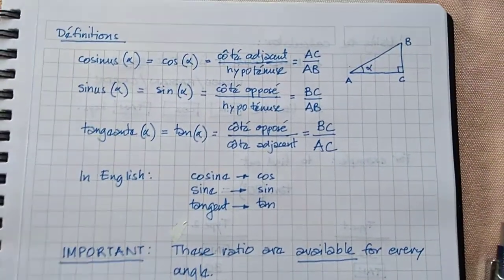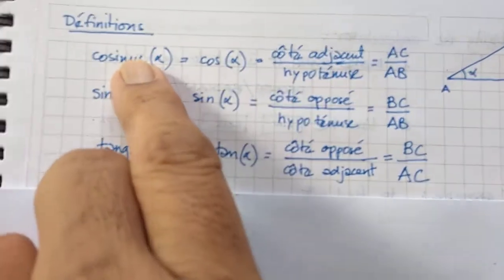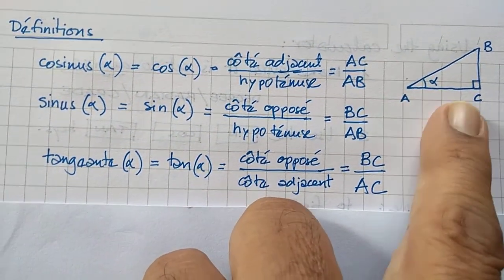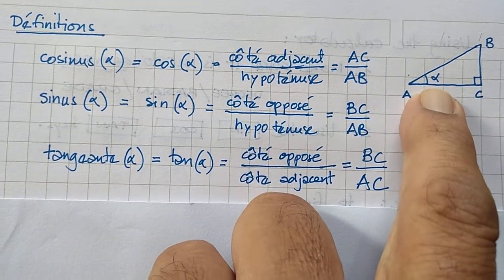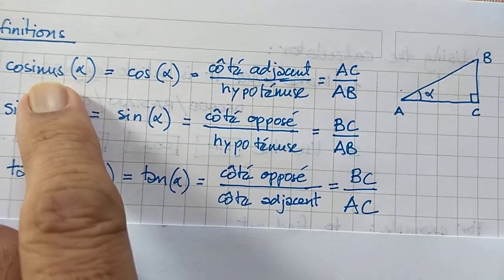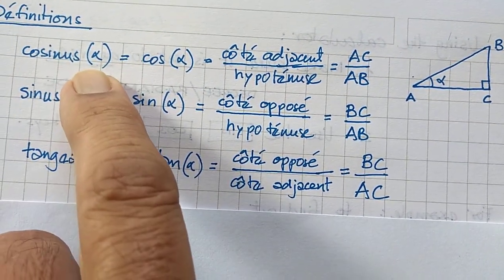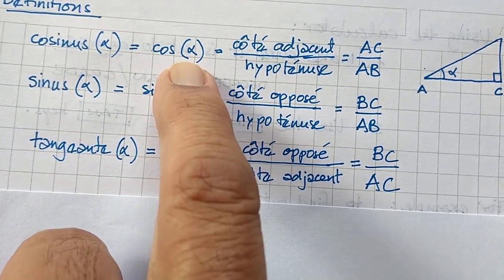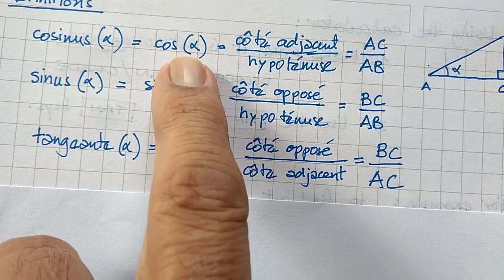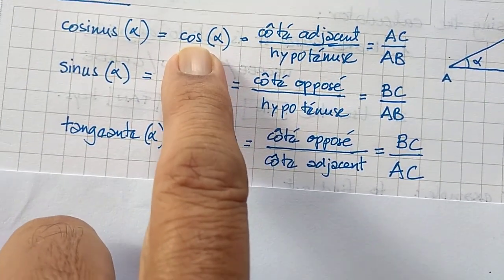Okay, so these are the three ratios. Cosinus alpha, where alpha is the angle. So you see, this is a right triangle. This is the angle alpha. Alpha is the first letter of the Greek alphabet, so we use that as a name of an angle. So we say cosinus alpha. In short, it is called cos alpha. It is the same thing when you say cosinus alpha or cos alpha. This is the short form, and the form we'll use most often.